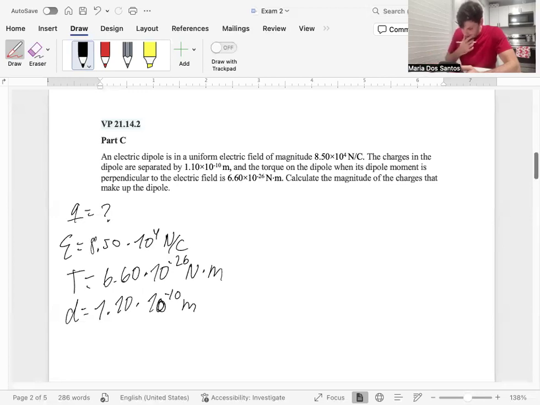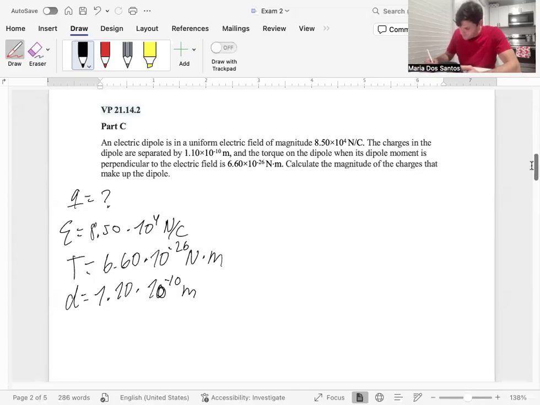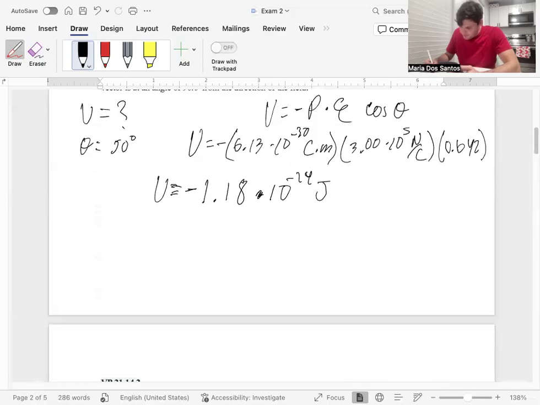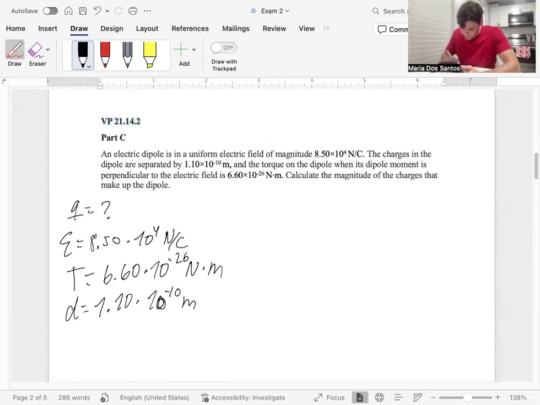We know the equation to find dipole moment is given by charge times distance.